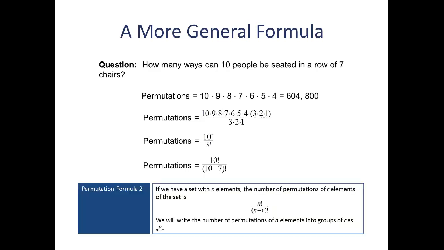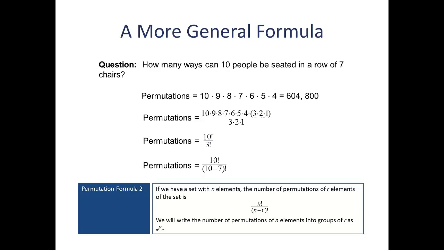we get a general formula for calculating the number of permutations of a set of n elements into permutations that have r elements. You can see that formula on the slide here. It's n factorial divided by n minus r factorial. You should refer this back to our question now. In our question, n is equal to 10, the number of people, and r is equal to 7, the size of our permutations.